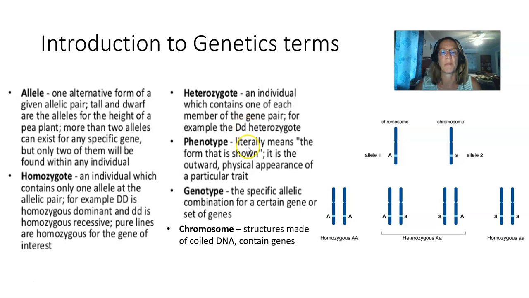Your phenotype is actually how those genes are interpreted into what you look like and what you act like. So the phenotype is the form that is shown, your outward appearance. So let's say that a big A and a little a for eye color, the combination of that means you have green eyes. Your genotype would be big A, little a, and your phenotype would be green eyes.